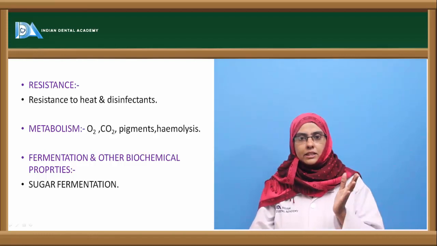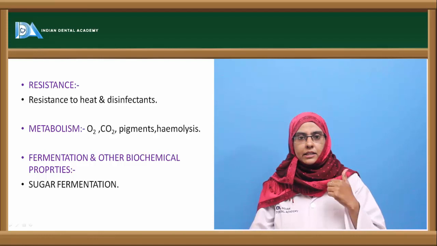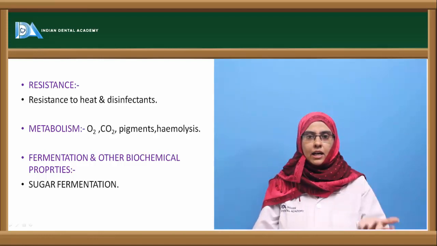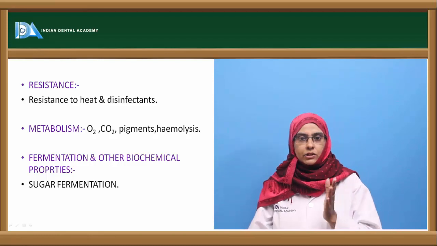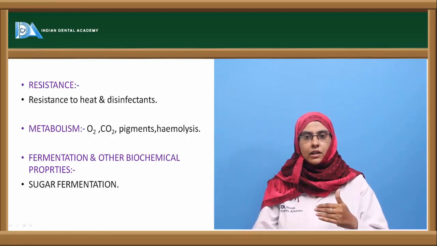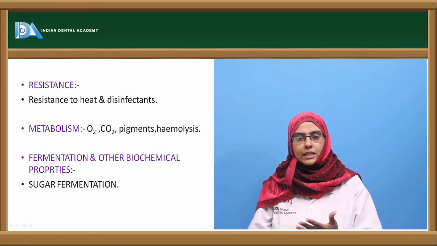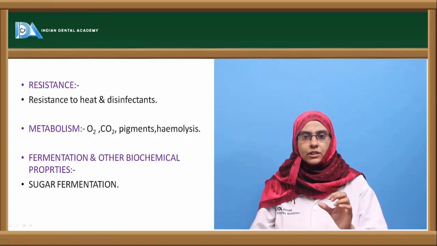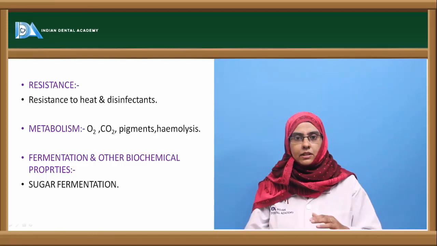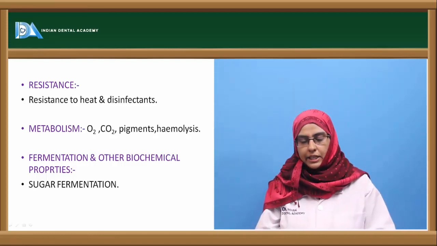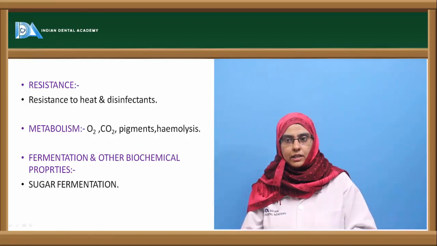The media gets colorless if the carbohydrate is fermented. So this indicates that the organism has utilized the carbohydrate and produced the acid that has decolorized the indicator that we have added. Production of the gas can be seen as the collection of gas bubbles in the inverted Durham's tube. So this helps us to identify the carbohydrate fermentation by different types of organisms.